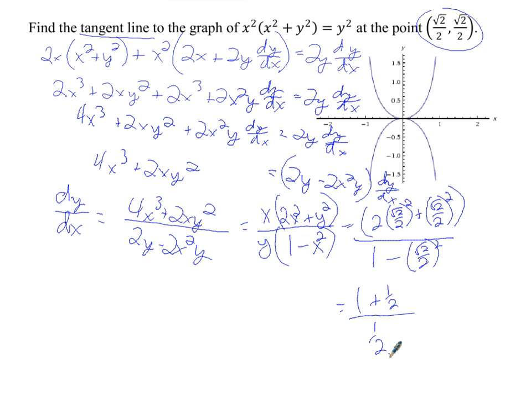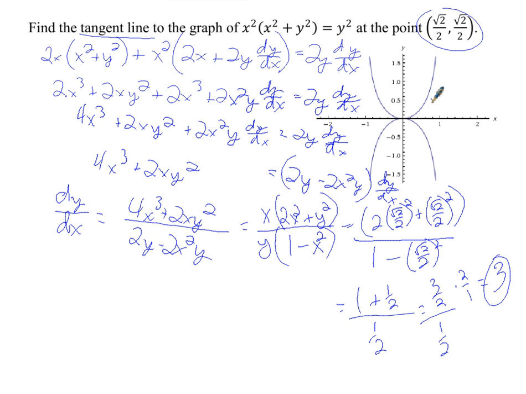Okay, this can probably be simplified as well. 1 plus 1/2 is 3/2 divided by 1/2. Leave it, change it, flip it. So times 2 over 1 becomes 3. So the slope at root 2 over 2 comma root 2 over 2 is 3.